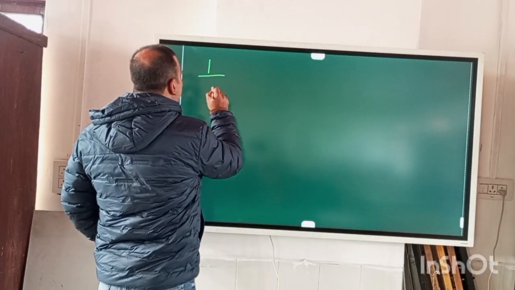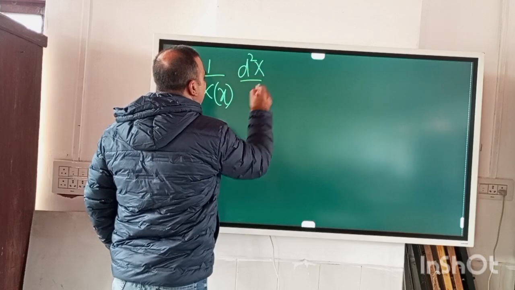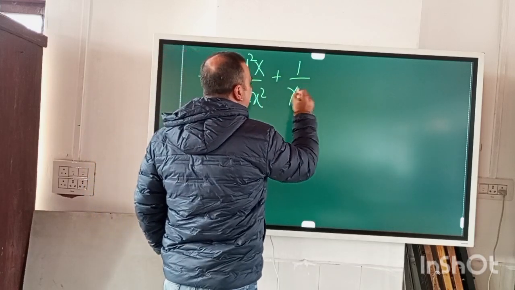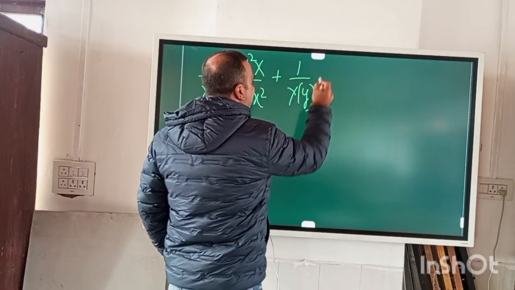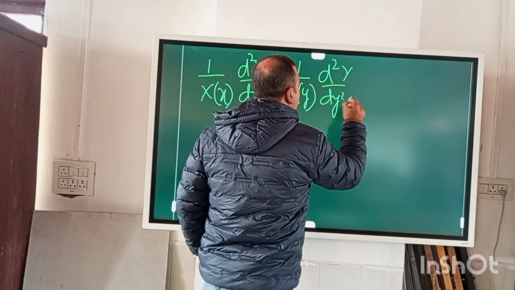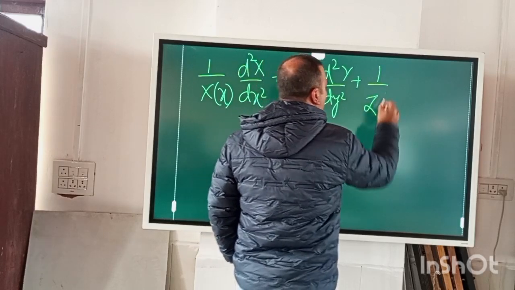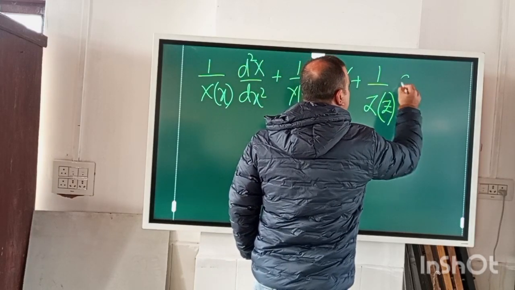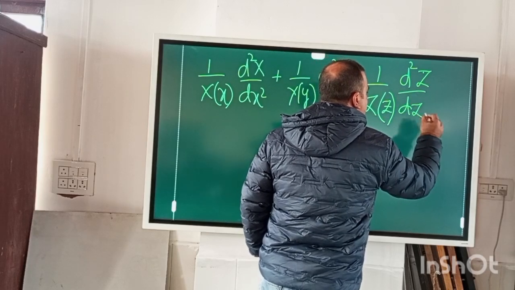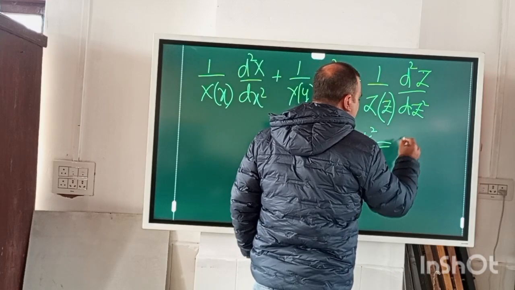You will get (1/X(x)) d²X/dx² + (1/Y(y)) d²Y/dy² + (1/Z(z)) d²Z/dz² + k² equal to 0.